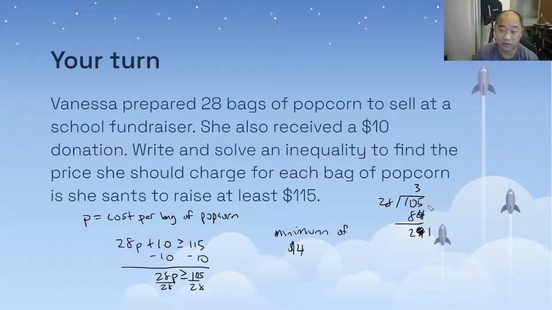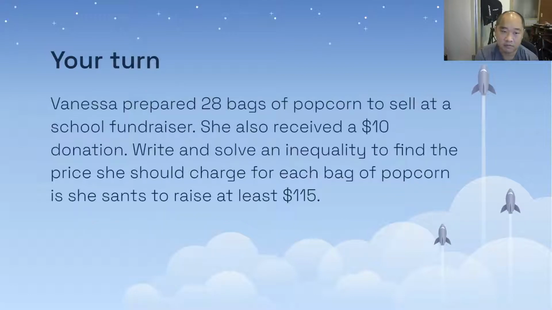So if we round down to 3, she's not going to make enough money. So it needs to be rounded up to 4. $4 per bag of popcorn. You can do it, Vanessa. $4 per bag of popcorn, unless they're really tiny bags.